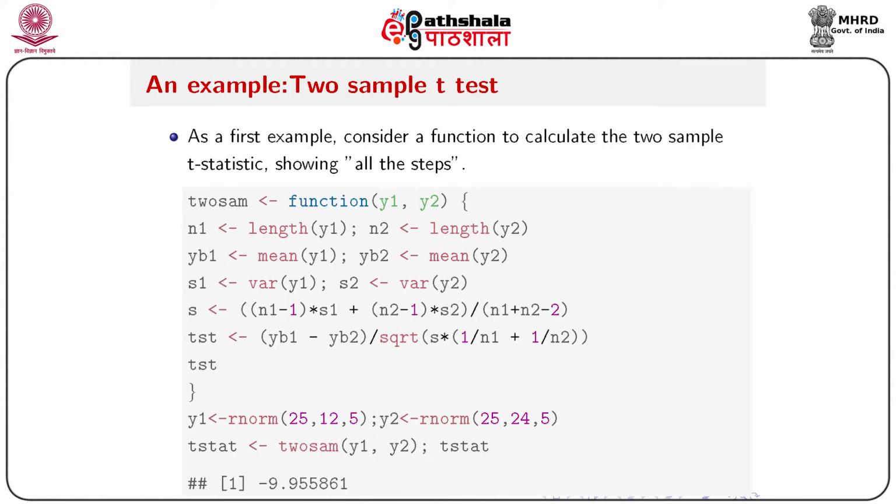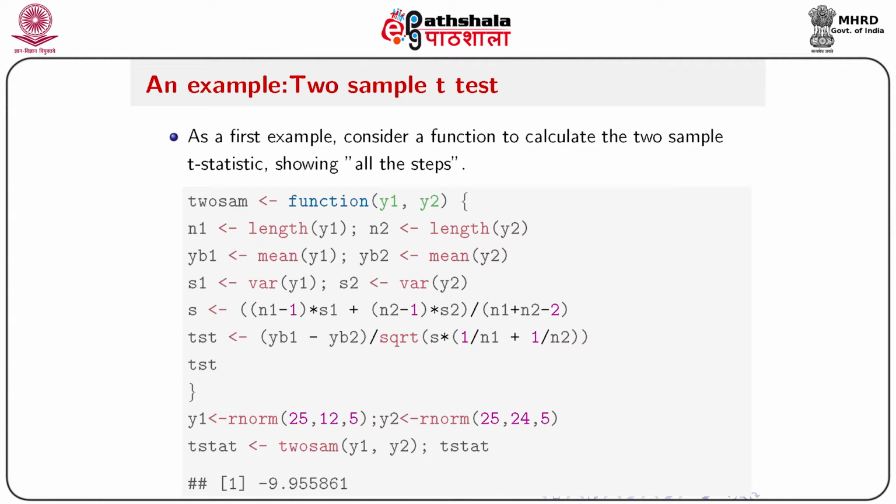As a first example, consider a function to calculate the two-sample t-test showing all steps the way we calculate by calculator. Let's define a function with the name 2sem. The arguments passed are y1 and y2.